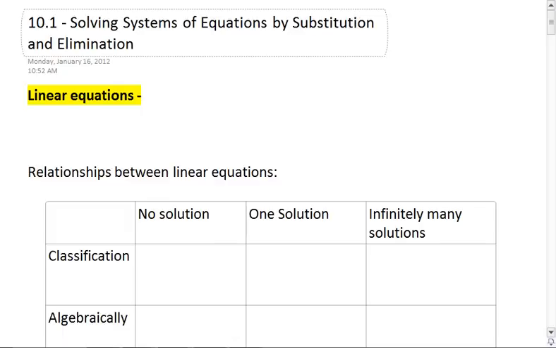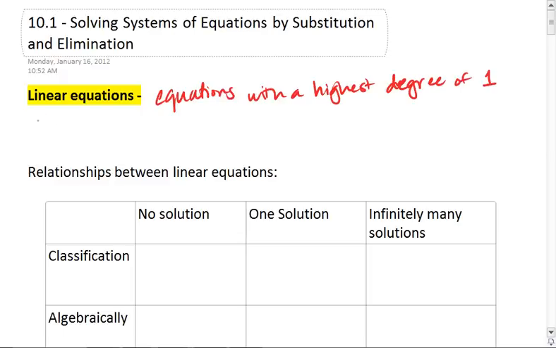Section 10.1, Solving Systems of Equations by Substitution and Elimination. In this chapter, we're going to be looking at linear equations, and recall that linear equations are equations with a highest degree of 1 for each variable.